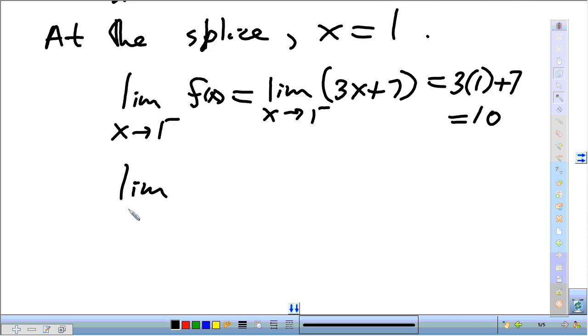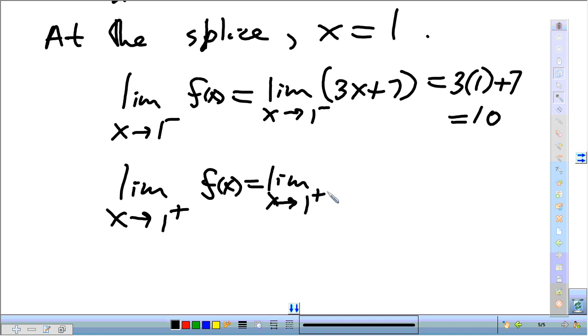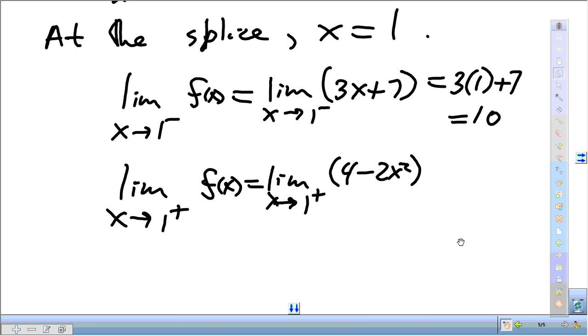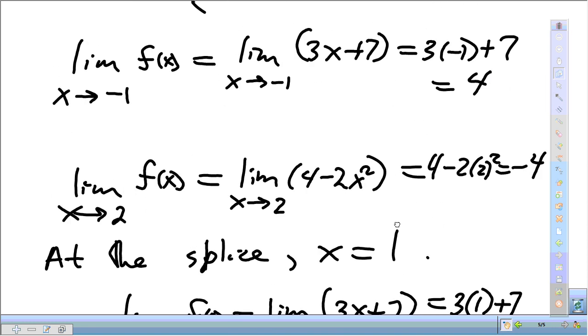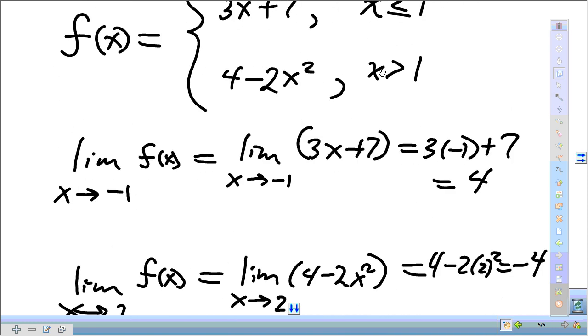And if we look at the limit approaching 1 from the right, on the right side, x is bigger than 1, so we take the part where x is bigger than 1, and the definition is 4 minus 2x squared.